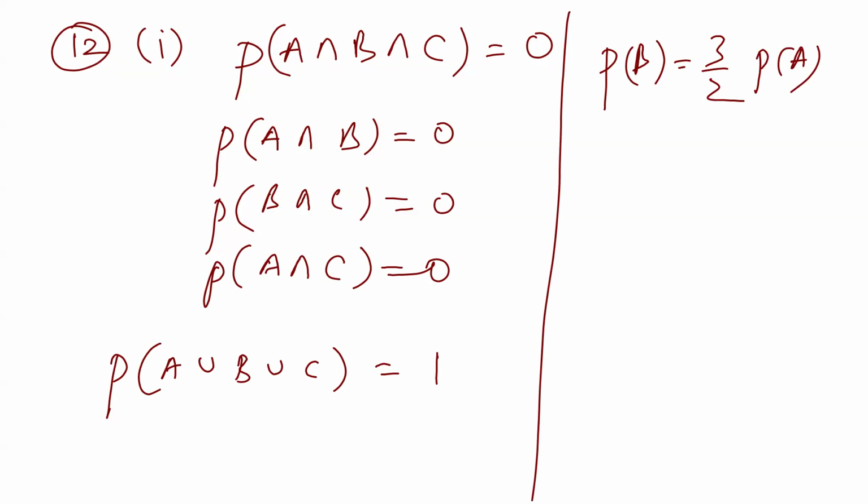And P of C is equal to half P of B. Now this entirely is given to us. Now we'll use the addition theorem of three sets.